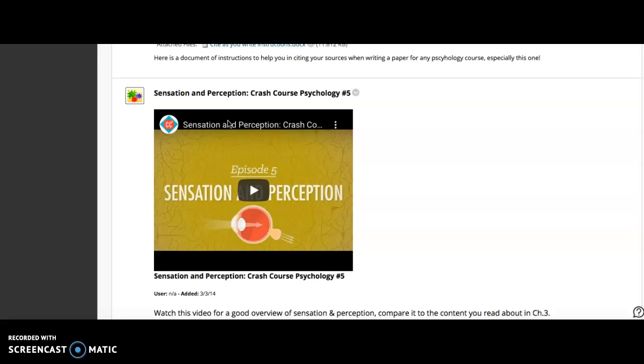So the first half of the book is really the sensation piece, and then the second half is perception. Well, how do we make sense of all of it? Once our body takes in input and perceives stimuli, what does it do with it then? How do we make sense of the stimuli that we take in from the world around us?